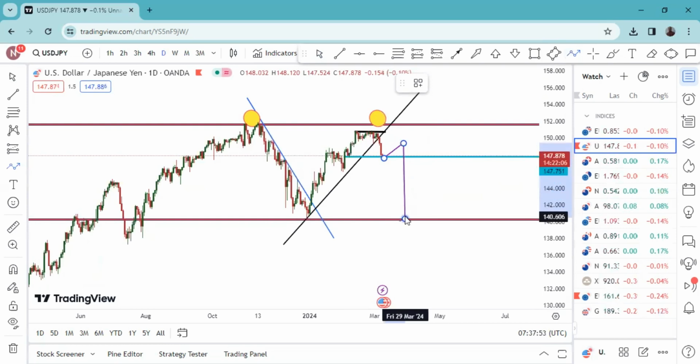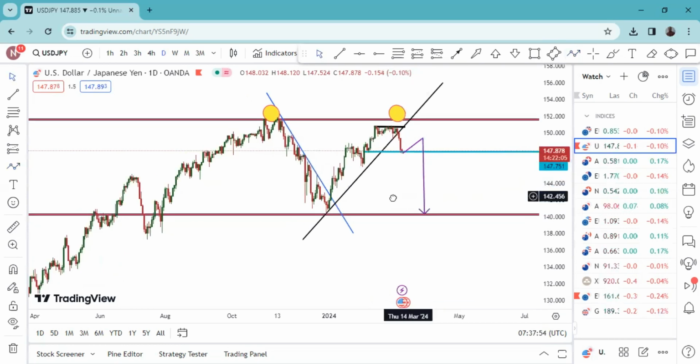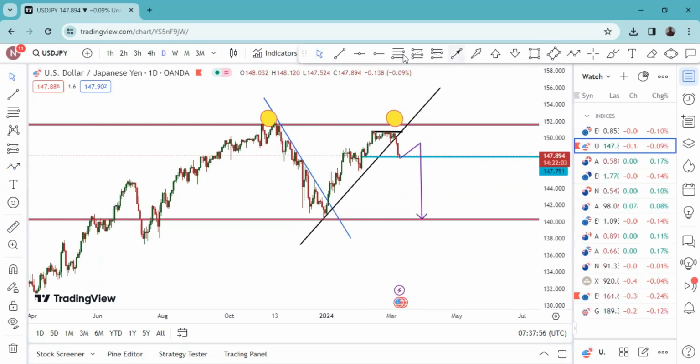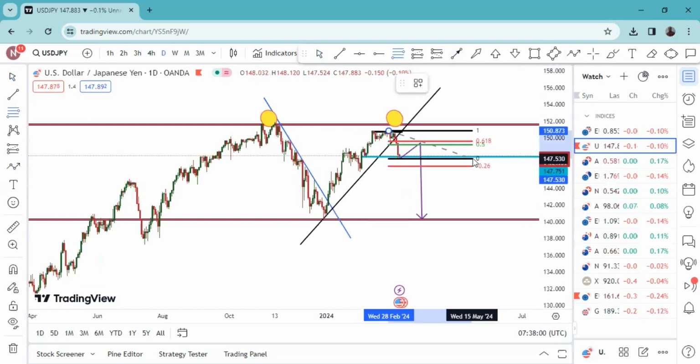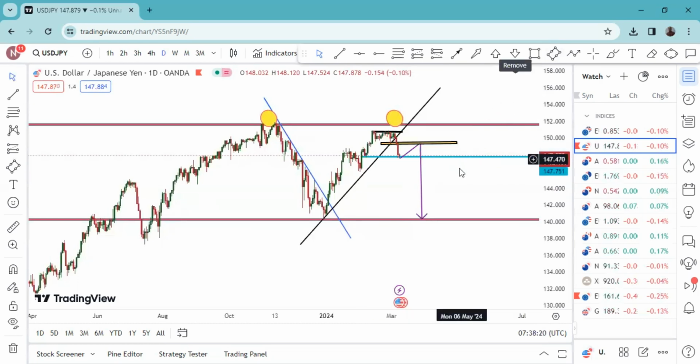Then I can take this trade at exactly 50 to 60% of the move. So that is what I'm expecting to do on this particular pair, that is USD JPY.